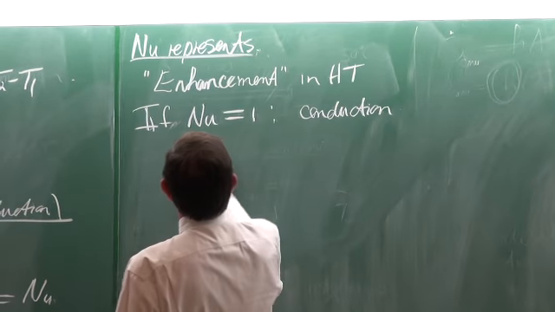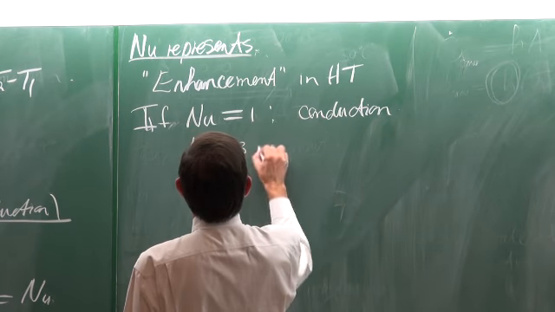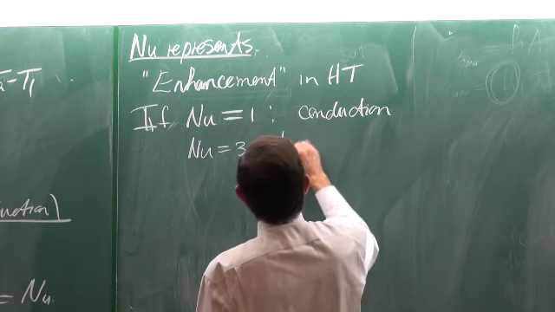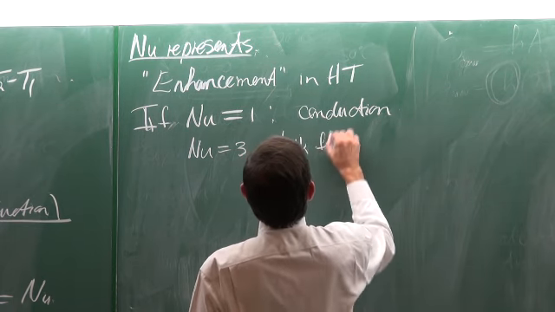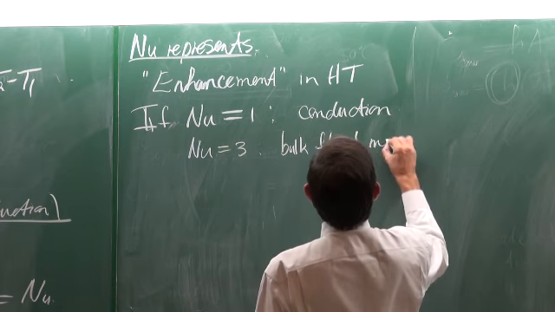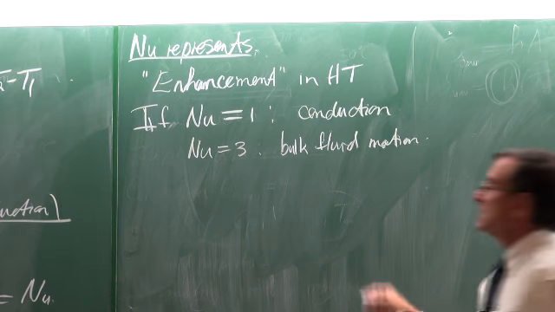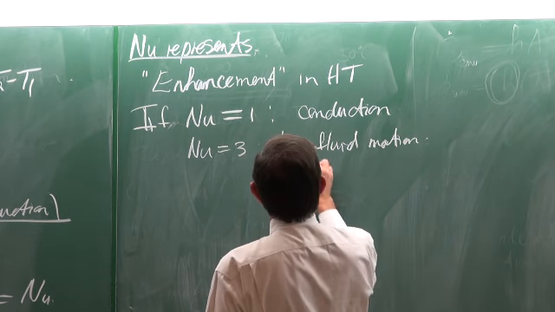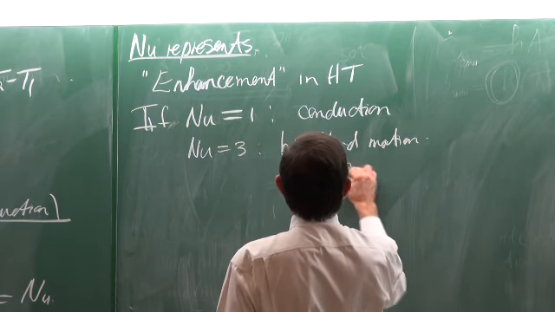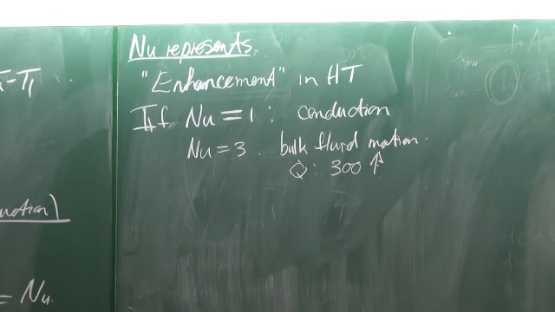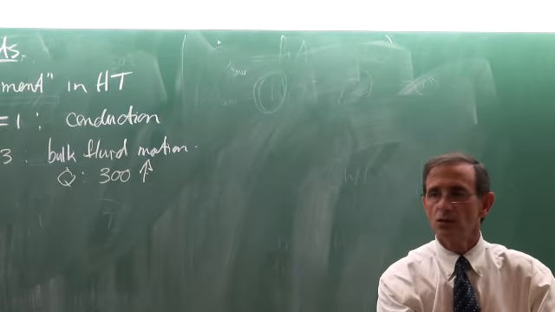If the Nusselt number is equal to 3, then it means the bulk fluid motion increased the heat transfer rate by 300%. The heat transfer rate would be increased by 3 times. That is what the Nusselt number means.